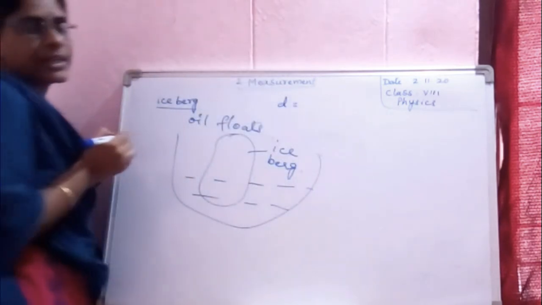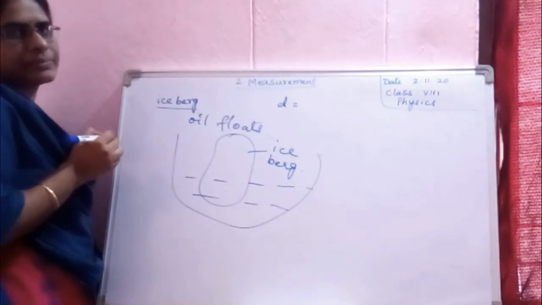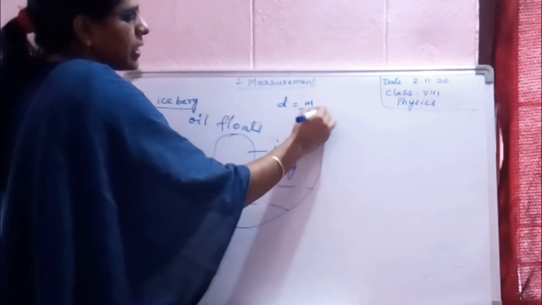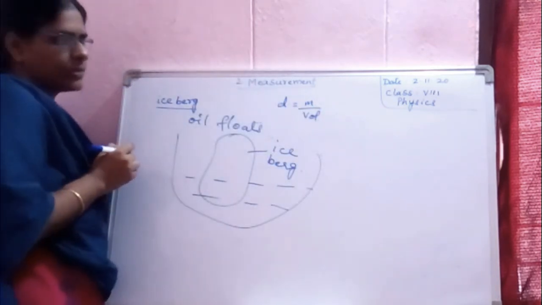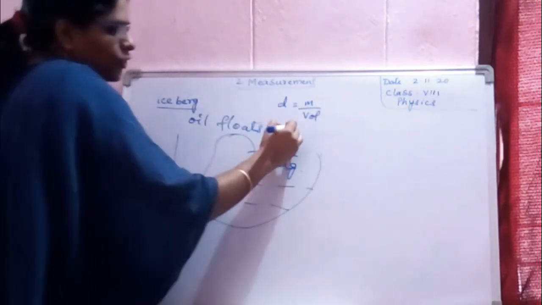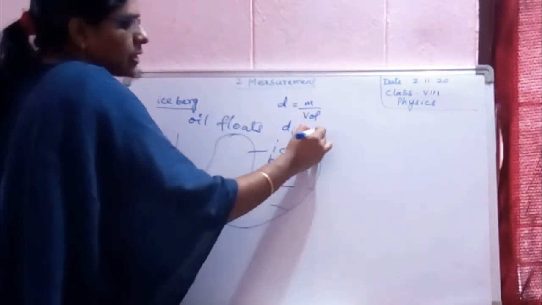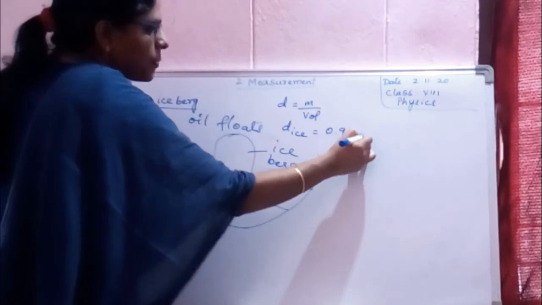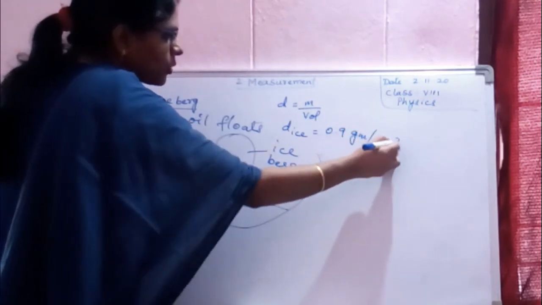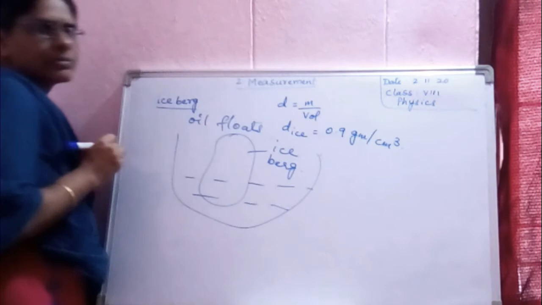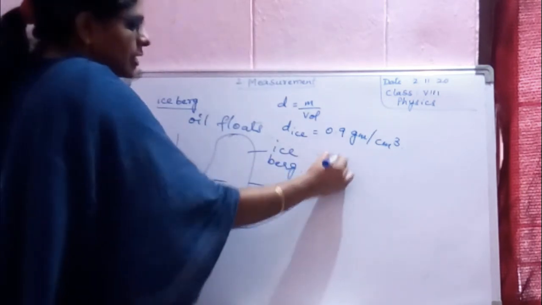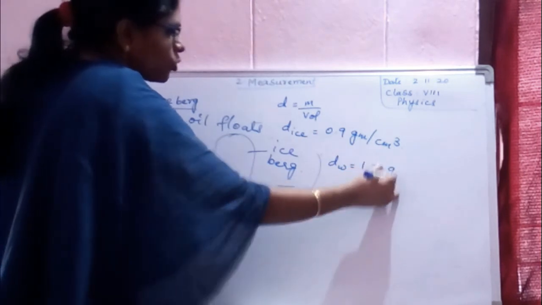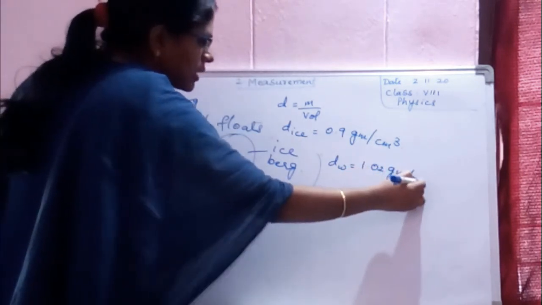We defined it at the start of the chapter: mass by volume. The density of your iceberg is 0.9 gram per centimeter cube. The density of water is 1.02 gram per centimeter cube.